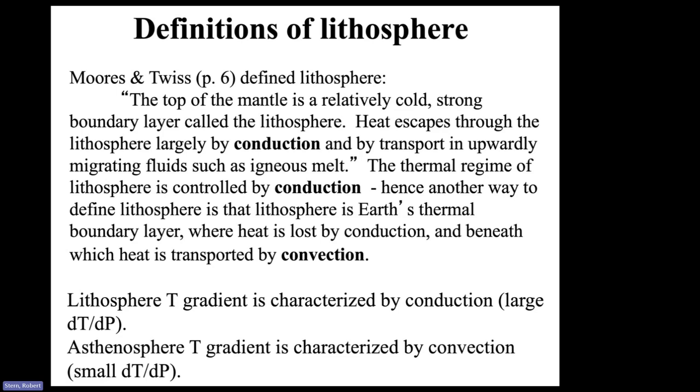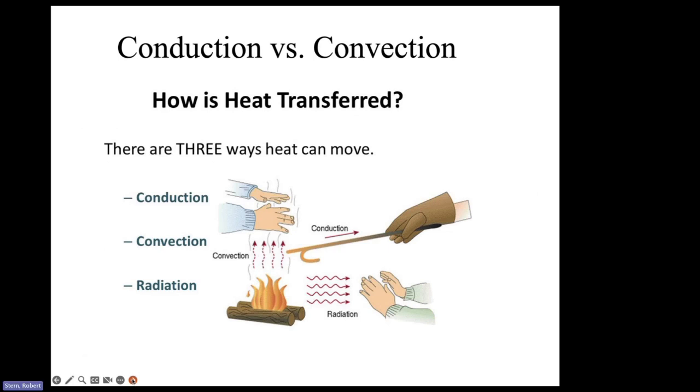It's got a very small change in temperature with depth. Right? So there are three ways that we can move heat. One is by conduction, which is what the lithosphere does. Another is by convection, which is sort of the movement of heat because of density. And the third is by radiation.